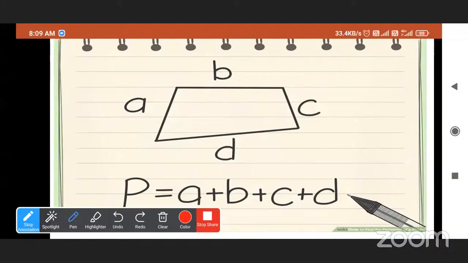These are the lengths of the figure, that is A, B, C, D. So perimeter is equal to A plus B plus C plus D. If A is 2 centimeter, B is 4 centimeter, C is 3 centimeter, and D is 5 centimeter, by adding all these sides we get the perimeter of that figure.